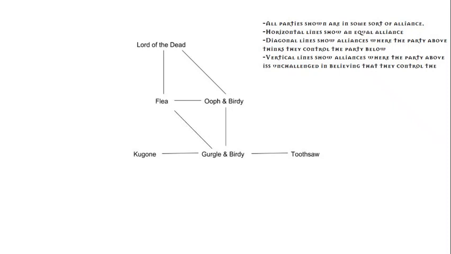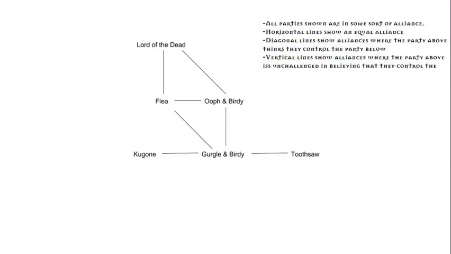It is a handy dandy little chart, and I'm going to have several of them. It shows the political ties of different parties, more specifically the alliances and the different types of alliances. As you can tell from the little blurb up here at the top right, it tells you which type of line means what type of alliance.